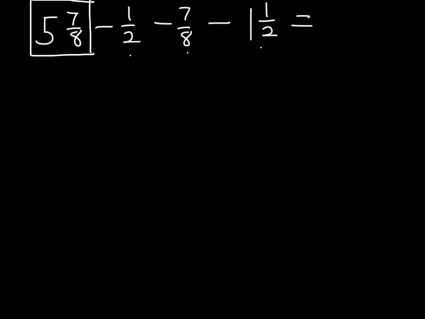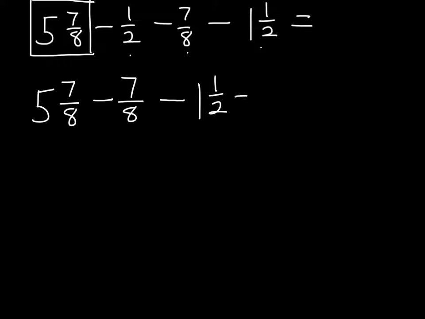I have to keep 5 and 7/8 at the beginning because that's the whole. It can't go anywhere. But I can move my negative 7/8, or subtract 7/8, up to the front. And then I can follow that with negative 1.5, or subtract 1.5, and then let subtract 1/2 move to the end.